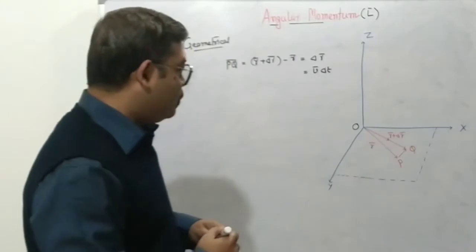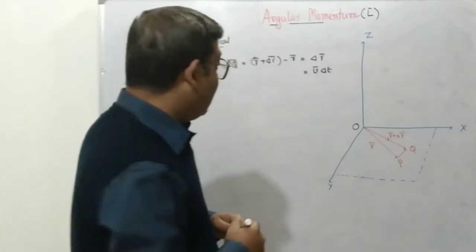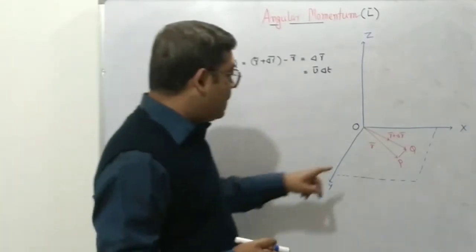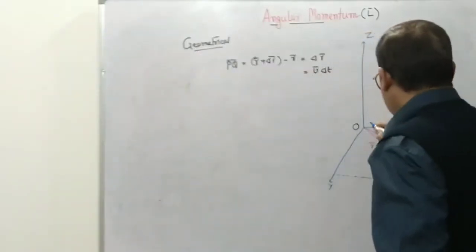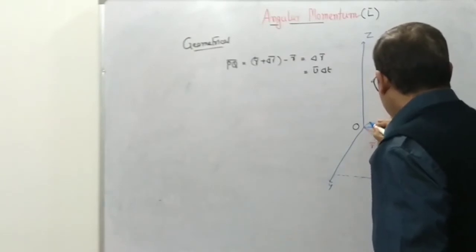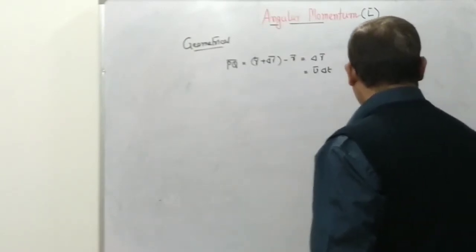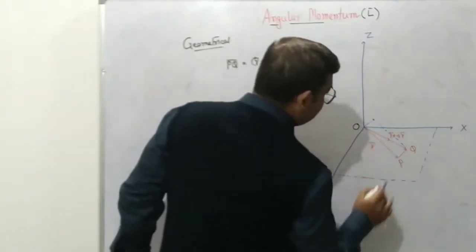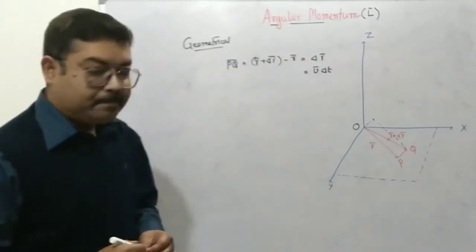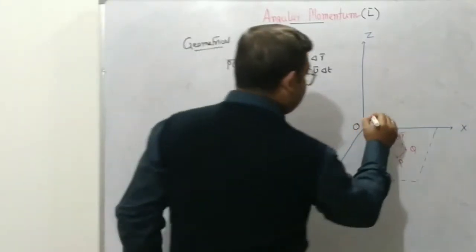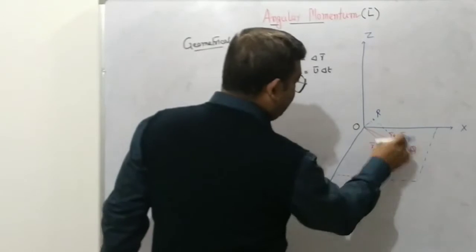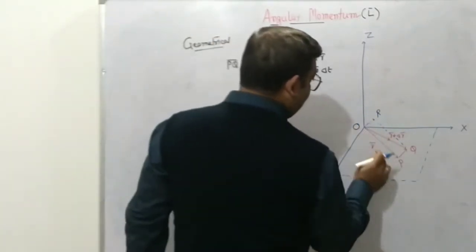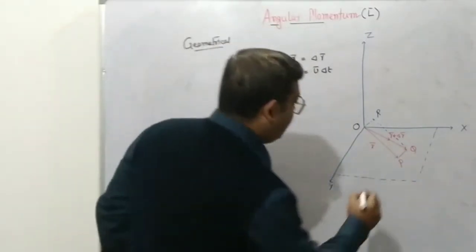Now let's consider the geometry of the problem. As we have already seen in our discussion of the cross product, we can draw a line parallel to the vector delta r and connect these two points. Let's call this point R. Then OPQR is the parallelogram formed by vector r at one end and vector delta r at another end.